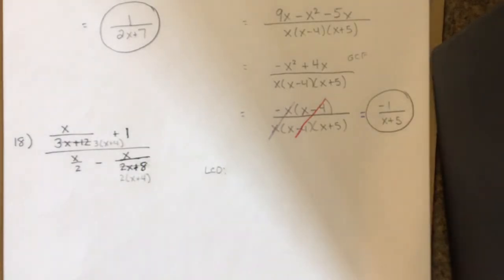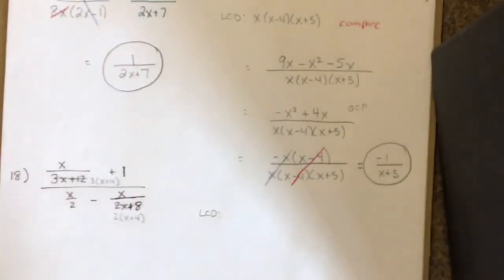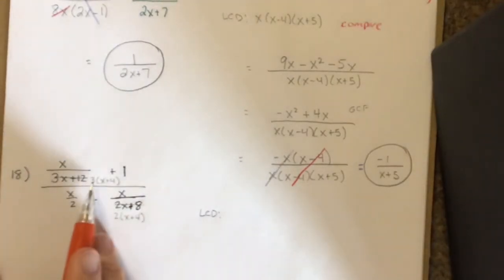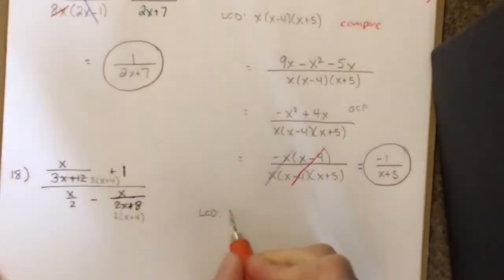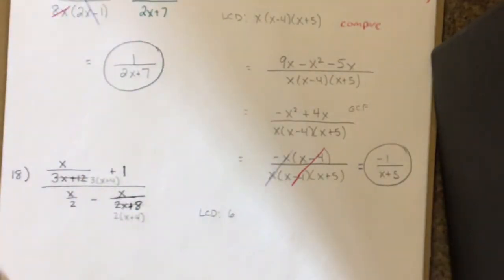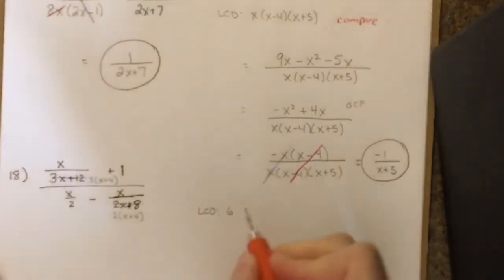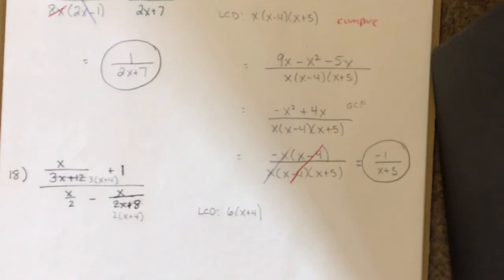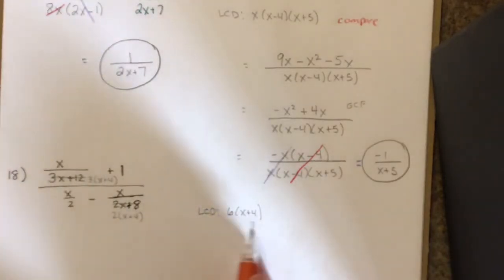So now, I need to find an LCD after I factor of 3, 2, and 2. And that is simply a 6. And then you need the x plus 4. So that is my LCD, 6 and x plus 4.